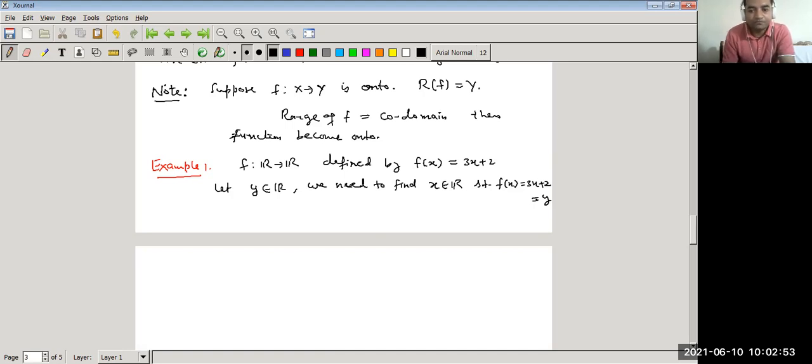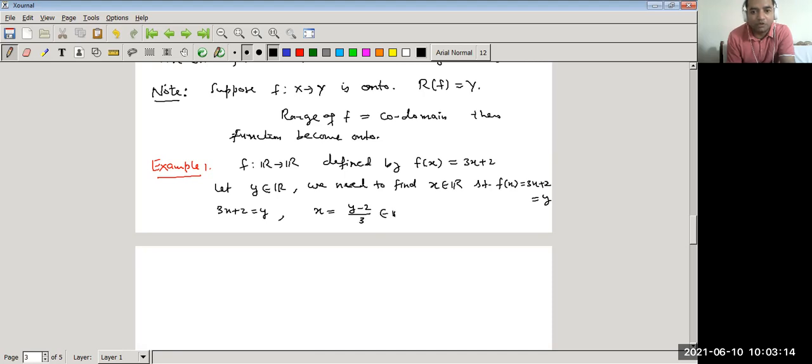So now if y belongs to R, then corresponding to this y we have to find x. So if 3x plus 2 is equal to y, then x is equal to (y minus 2) upon 3.